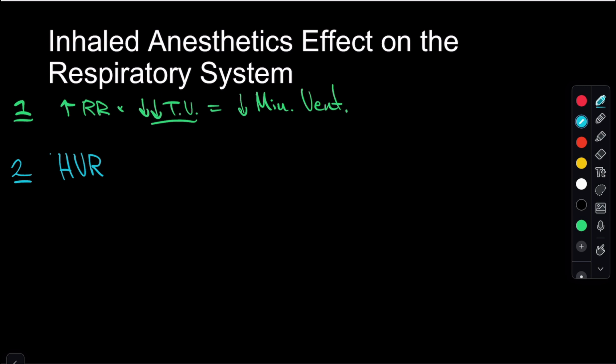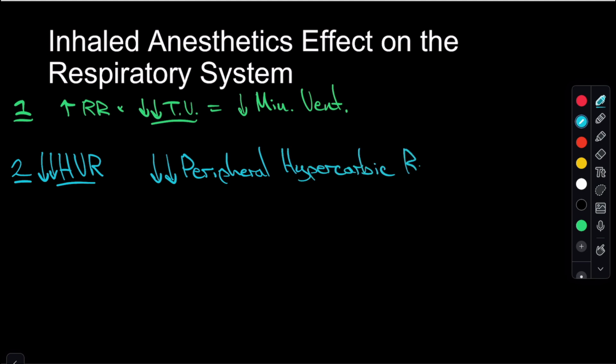So your drive to breathe based on low oxygen, that's going to be almost completely gone at surgical levels of inhaled anesthetics. They're going to, again, almost completely abolish your peripheral hypercarbic response. So your peripheral chemoreceptors that cause you to breathe based on increased carbon dioxide, that's going to be almost completely gone at surgical levels of volatile anesthetics.